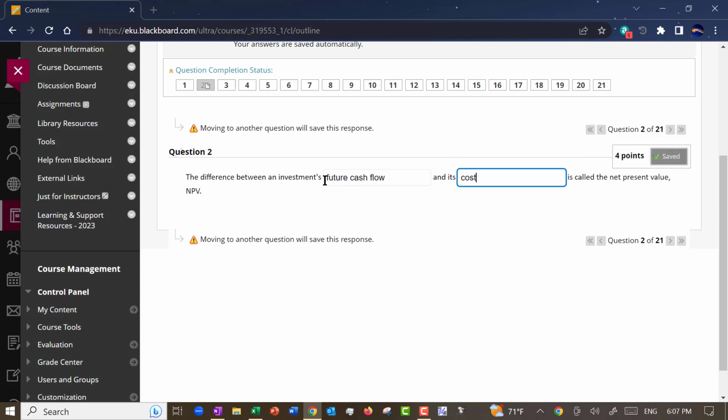Technically, it's present value of cash flows, not value. But as long as you had something like future cash flow, I'll be fine. Stuff like this is kind of tricky. I'm pretty flexible on those.